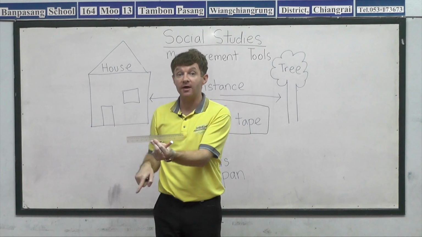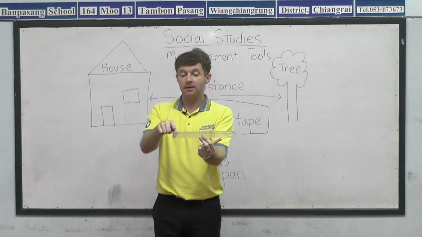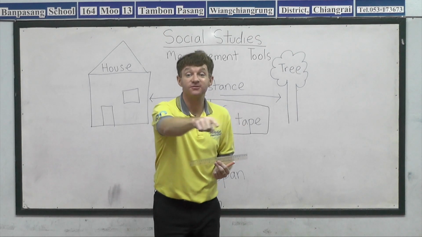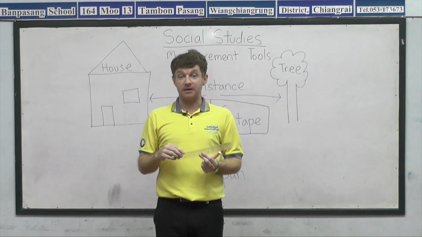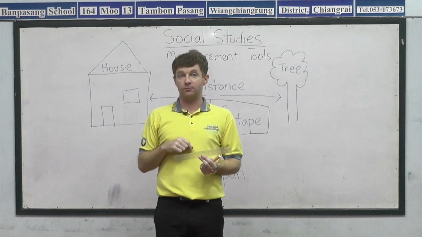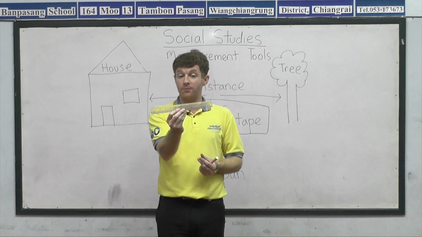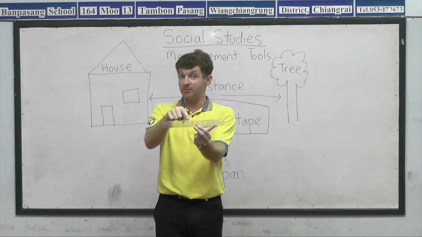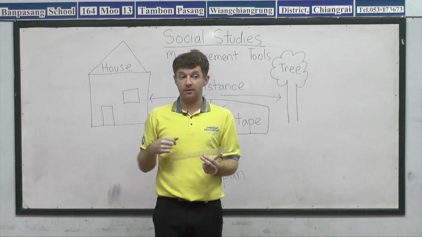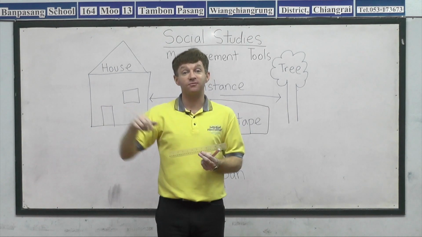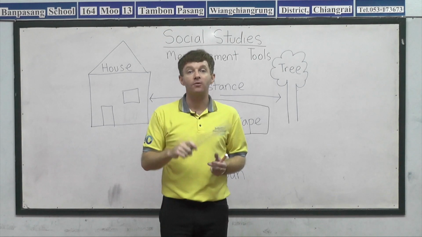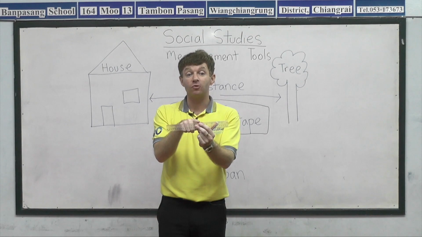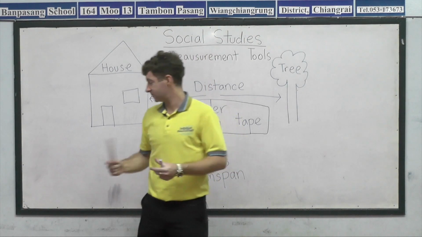Everybody's ruler is the same. 10 centimeters on my ruler is the same as 10 centimeters on everybody else's ruler. If we flip it upside down, we have inches. 5 inches on my ruler is the same as 5 inches on everybody else's ruler. So we can say that this measurement tool is accurate.